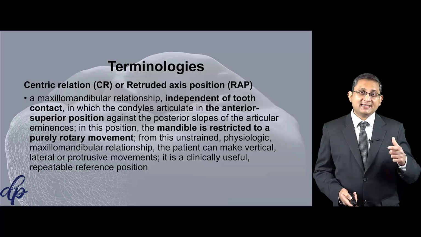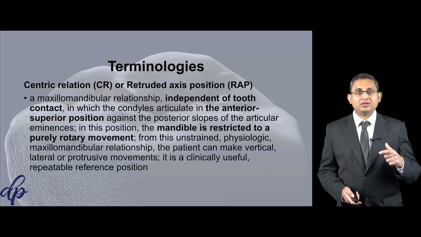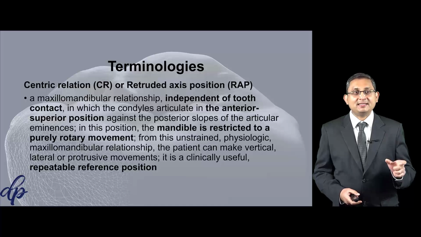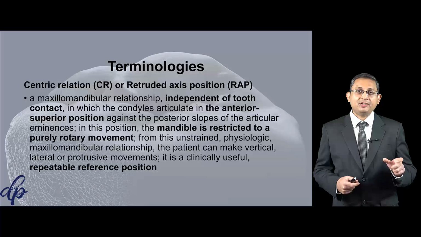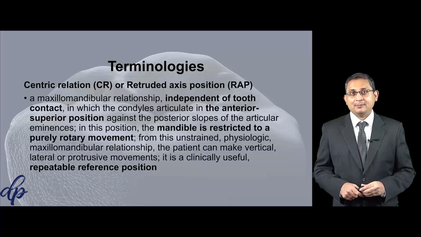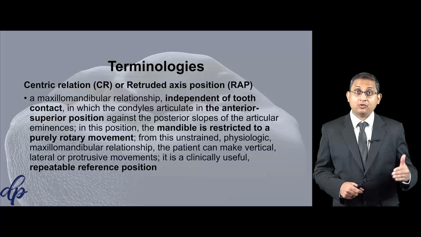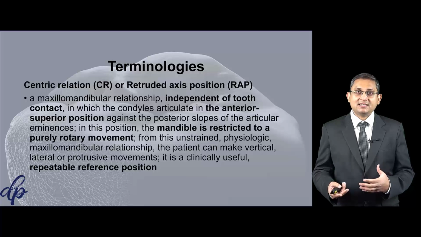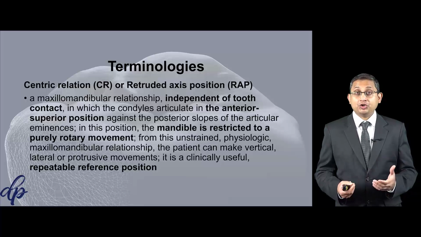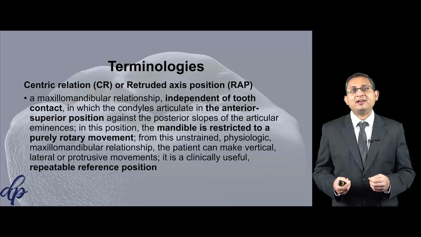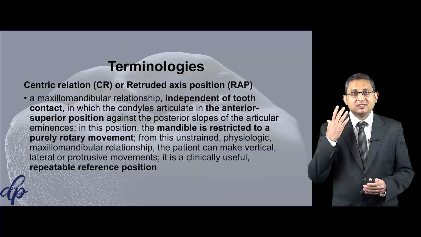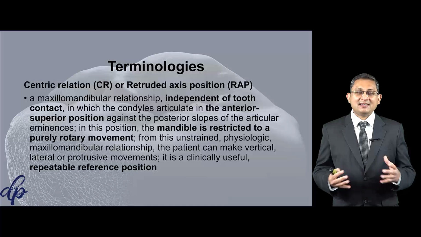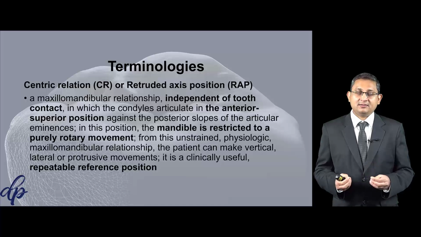But when it's rotating, it's a much more predictable position, and that's what the last 3 words are: a repeatable reference position, which means that very rarely will a patient's CR change as they grow old. So if you are assessing a patient's CR when they are 20 and when they are 60, it should be very similar. I say very similar because you can get arthritic changes in the TMJ and that can affect the CR as well. But technically or clinically speaking, the difference is not much.